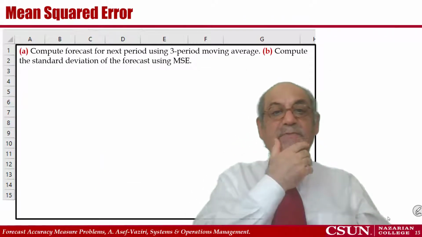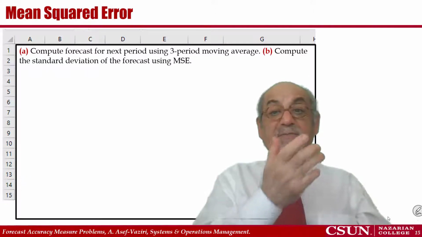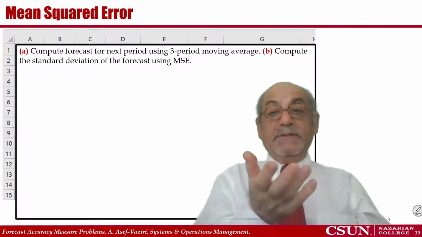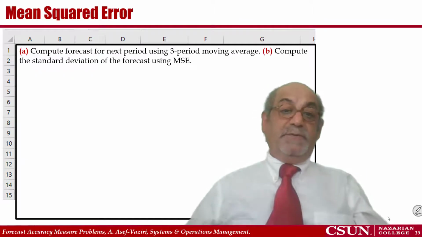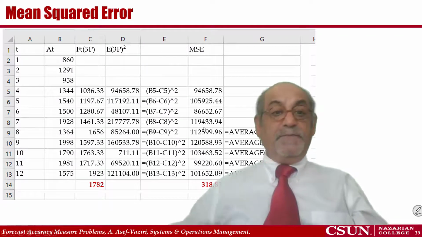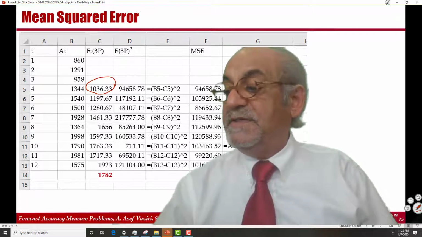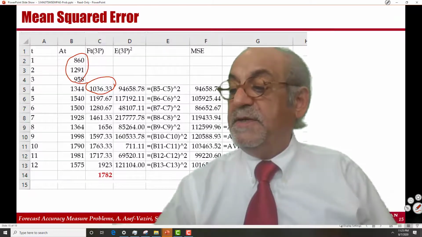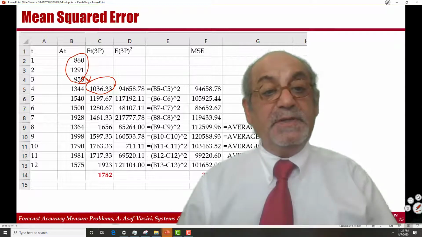So this problem asks us for the computation of the 3-period moving average and the standard deviation of the forecast based on mean squared error. If you click on it, it will show you everything. The 3-period moving average is the average of these 3 numbers, which we considered as the forecast for the next period.